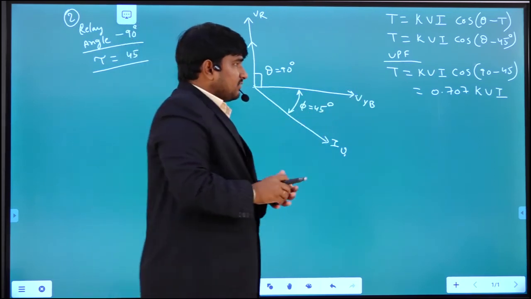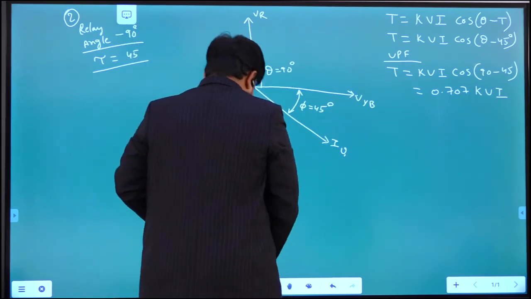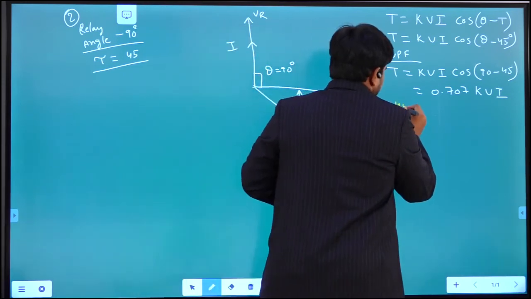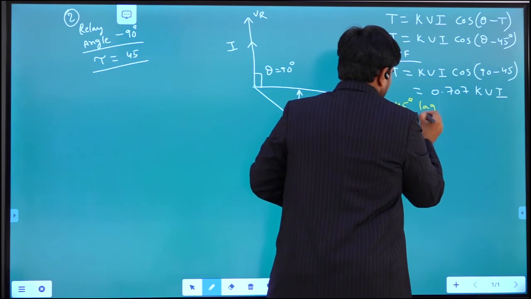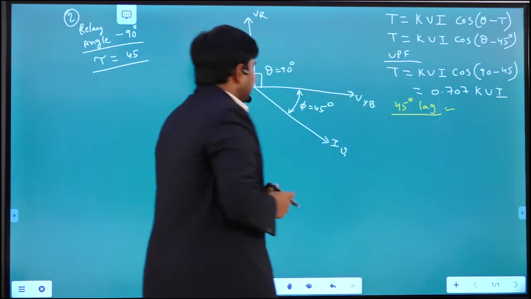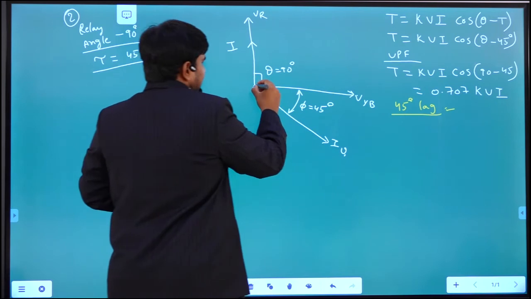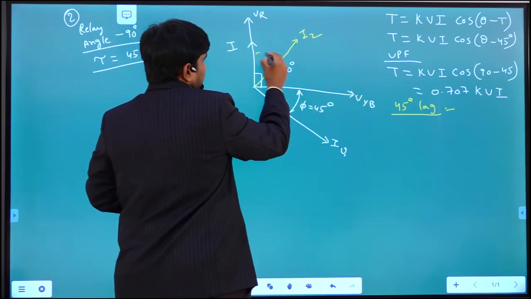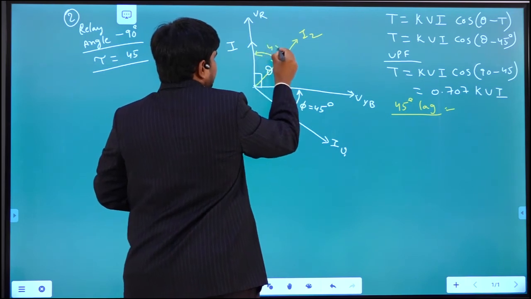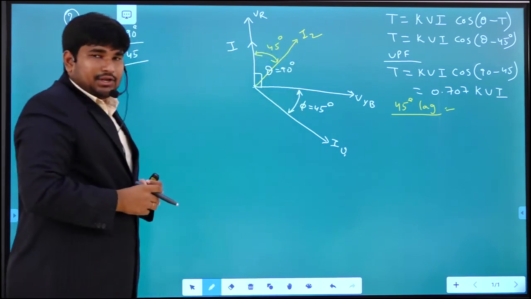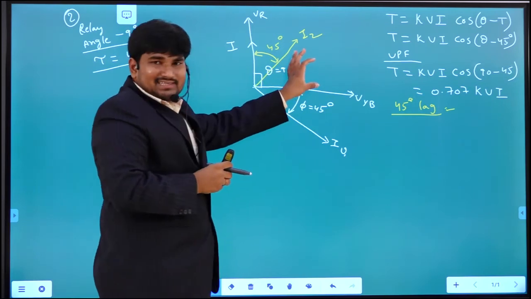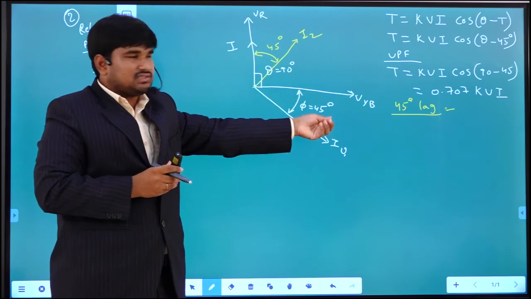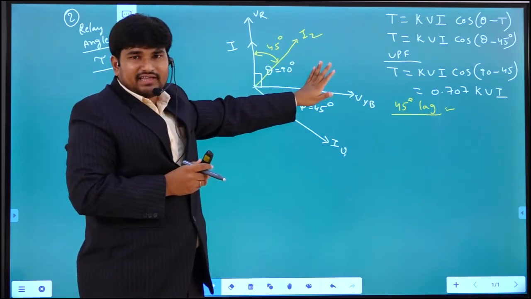Let me take another case as well. The second case is 45 degrees lagging. Whenever the current lags the voltage by 45 degrees, that is I2, this is 45 degrees. Now what is theta, the angle between VYB and I2 in the second case? It is modified, 45 degrees, right?